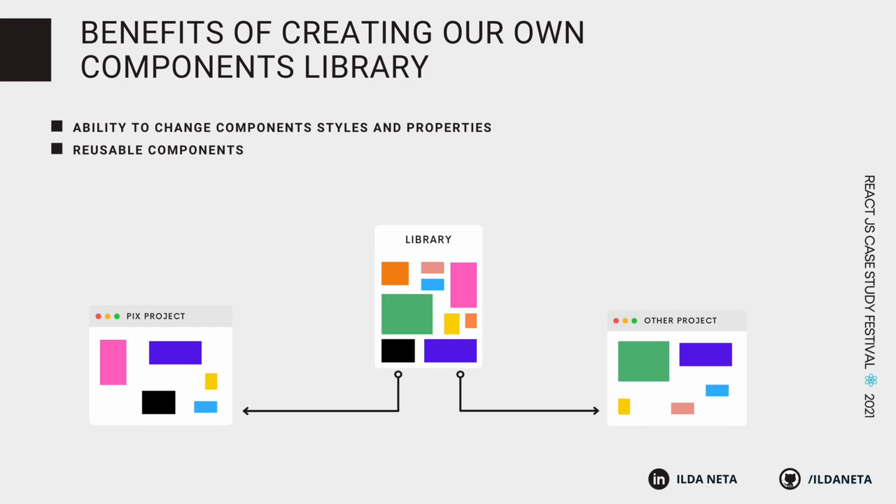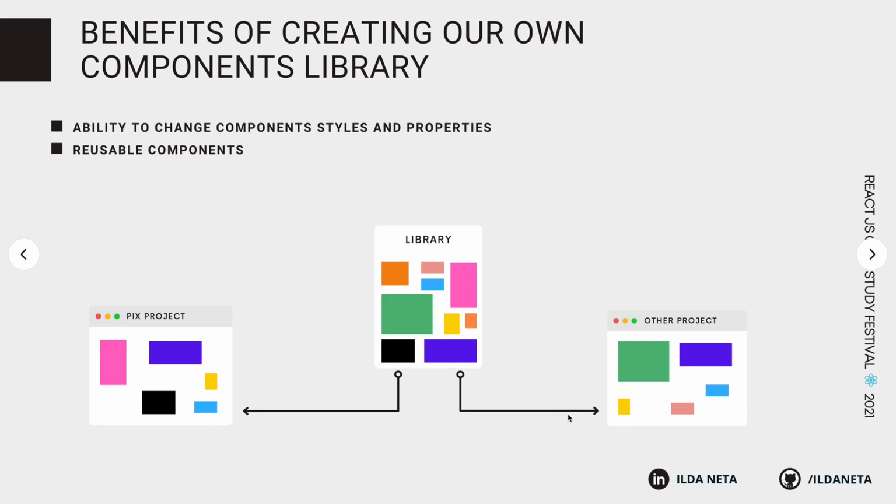In addition, another benefit is reusable components, because when we build a components library based on a design system, this project will serve other projects. As you can see in this image, we have our components library at hand, so it can be used in the Pix project and in other projects.